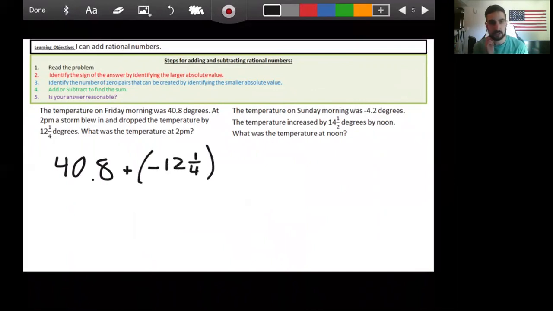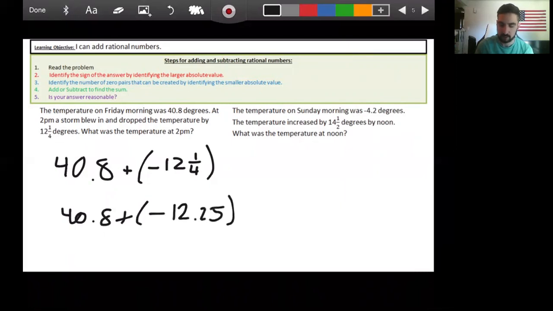Now one thing we need to do is convert this fraction into a decimal. I know 1/4 is the same as 0.25. So I really have 40.8 plus that -12.25. Looking at this, I can see that my answer will be positive because 40 is bigger than 12.